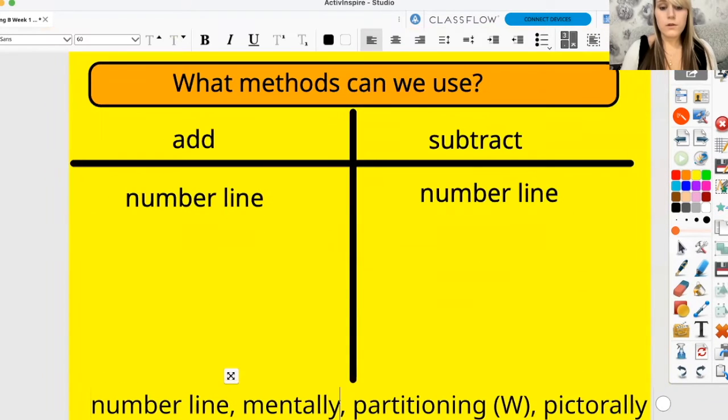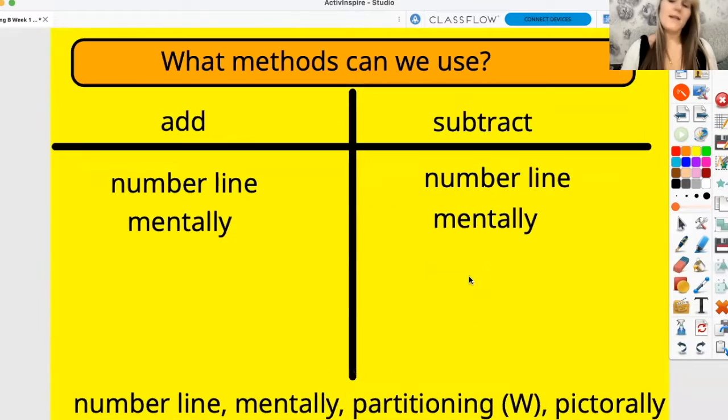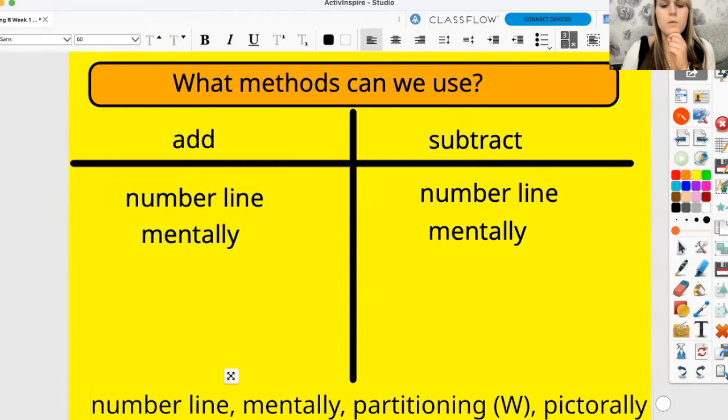We could do them both mentally, if that is something we are able to do. The partitioning and recombining method can only be used for one operation. I wonder what operation that is. Tell your grown-up. Yep, it is addition.